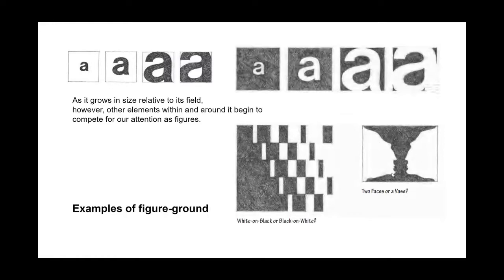If you look at black as your positive space, then it will be understood as a vase against a white background. But if you look at the white as your positive space, then it will be perceived as a face with a black background.